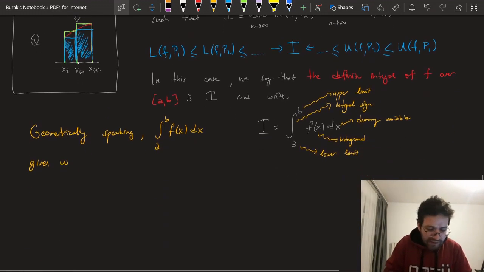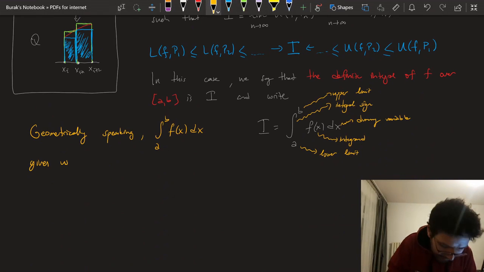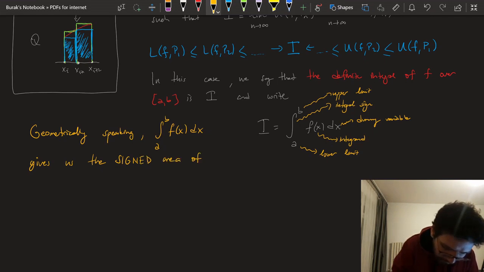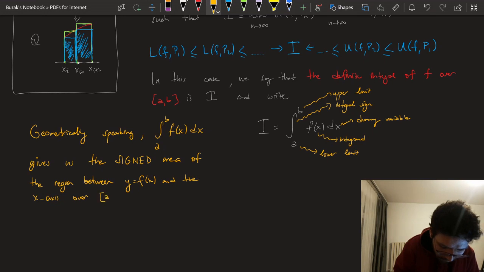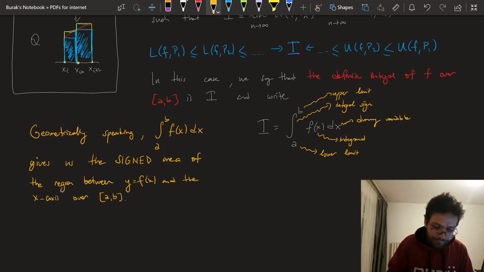Okay, so geometrically speaking, the integral gives us the signed area of the region between y equals f of x and the x-axis over the interval [a, b].